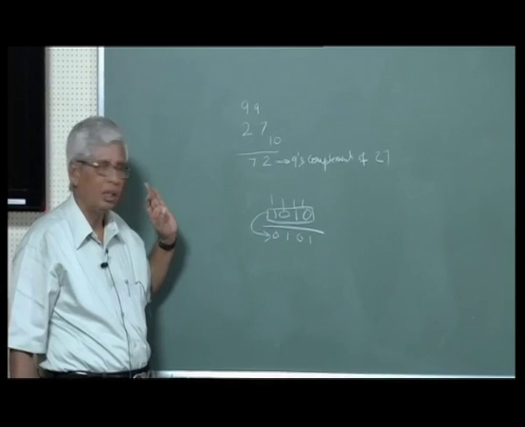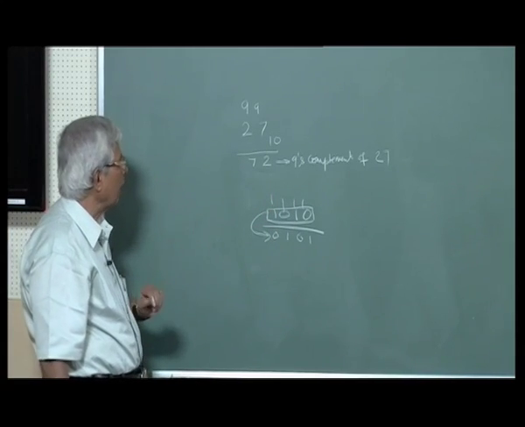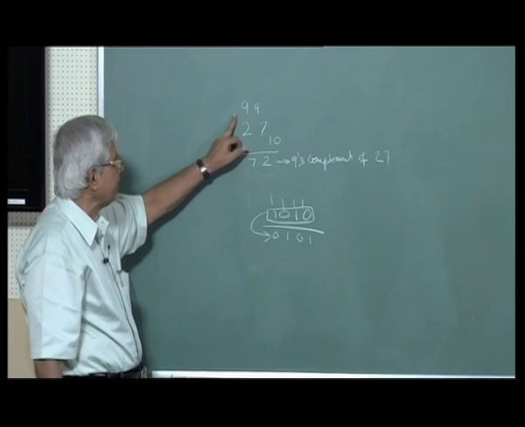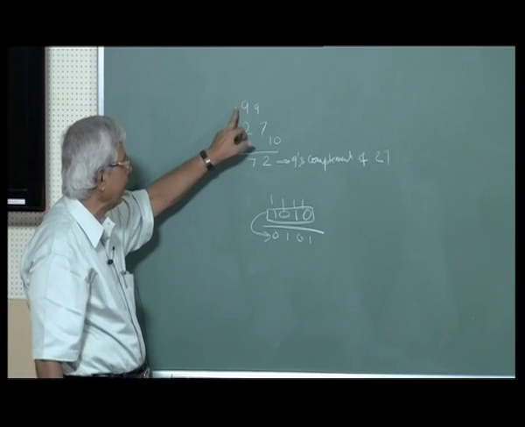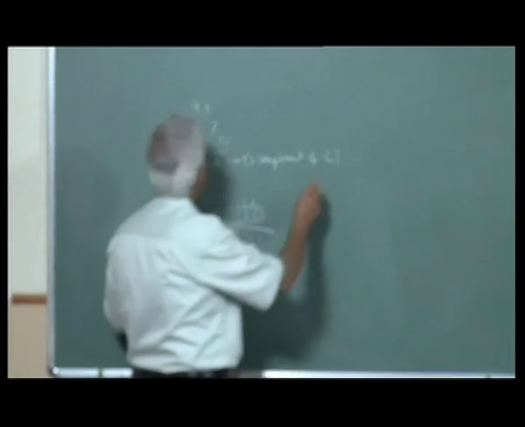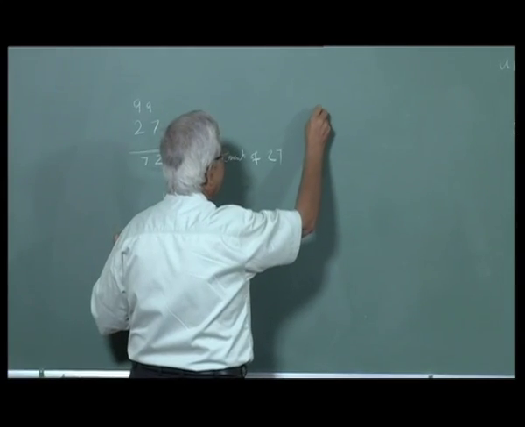So what is 2's complement? 2's complement is 1's complement plus 1, we have to add 1. This is similar to the 9's complement. If I have a 10's complement, what will I do? Instead of 99, I will subtract it from 100.